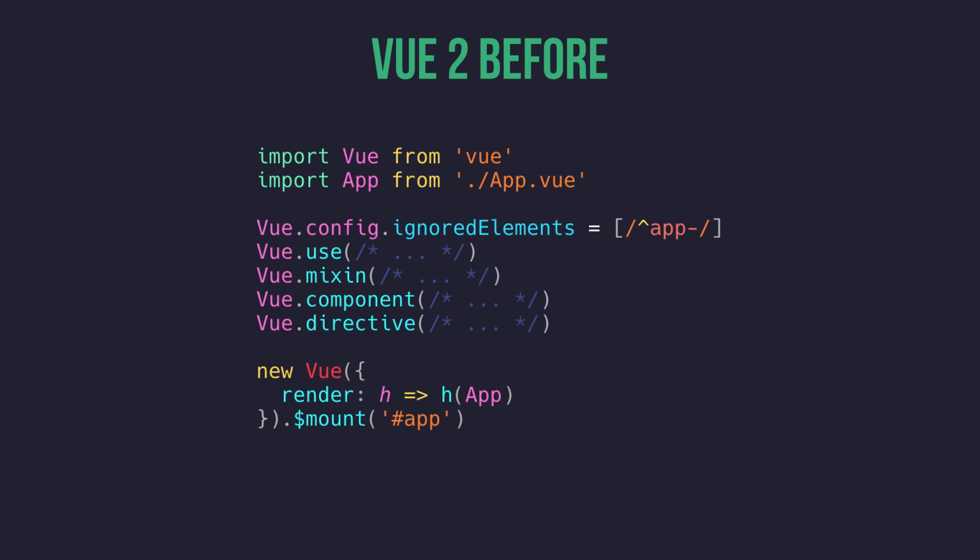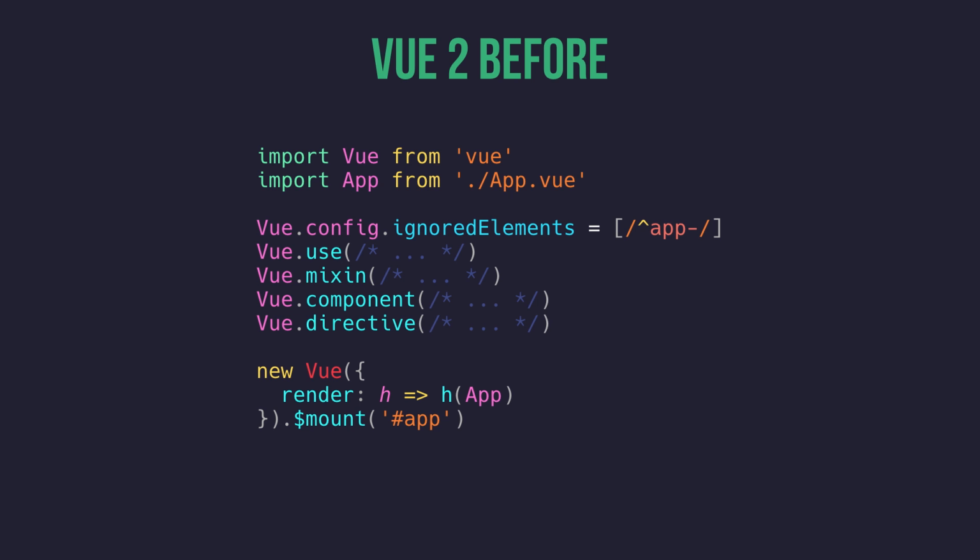From there, we're saying, hey Vue, I want to configure some things. I want to configure ignored elements. I want you to use these plugins. I want you to set up some mixins for my application, create components, create directives, etc. Then I'm going to create a new instance of Vue.